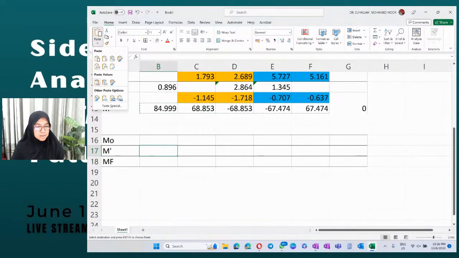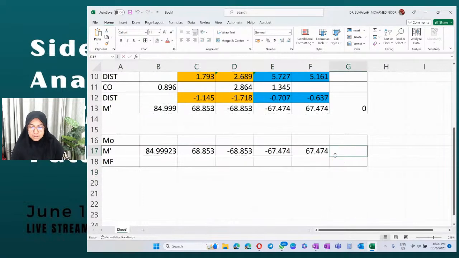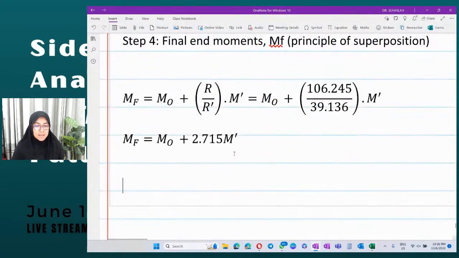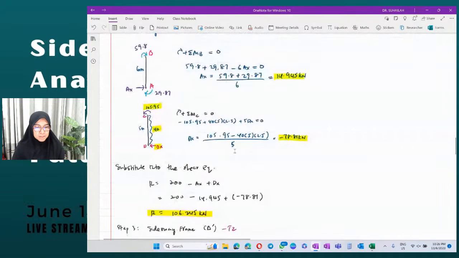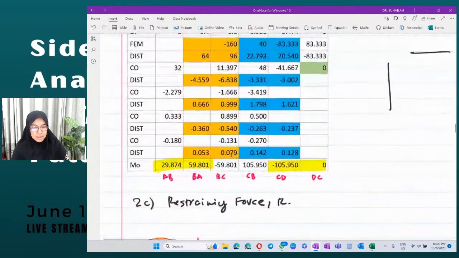Base value, this is 0. M naught from table 1.